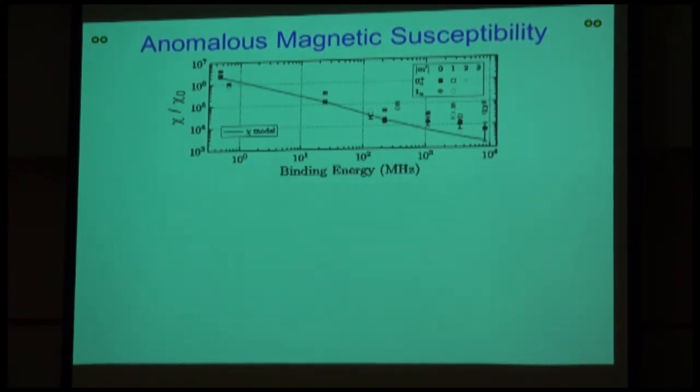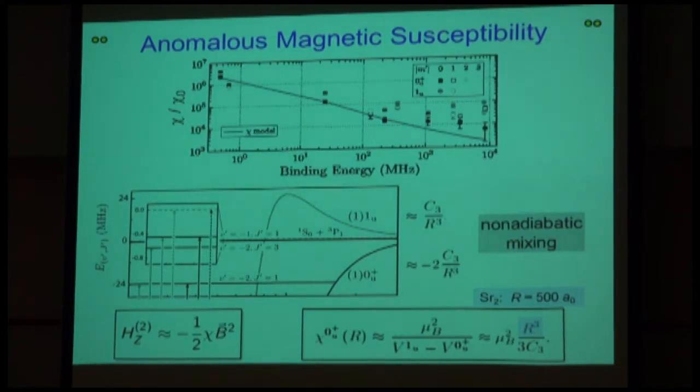Even though our colleagues have a very fancy ab initio model that gives these coefficients very, very accurately, I think it's nice to also understand intuitively with a simpler model what happens. So we explain this anomalous quadratic Zeeman effect by strong non-adiabatic mixing of the two potentials.